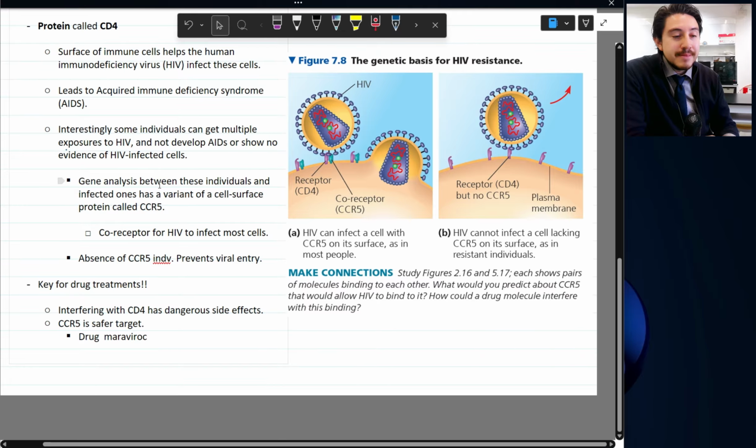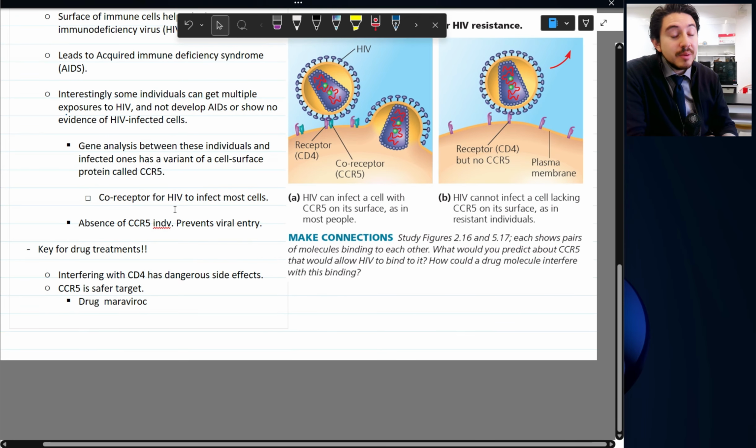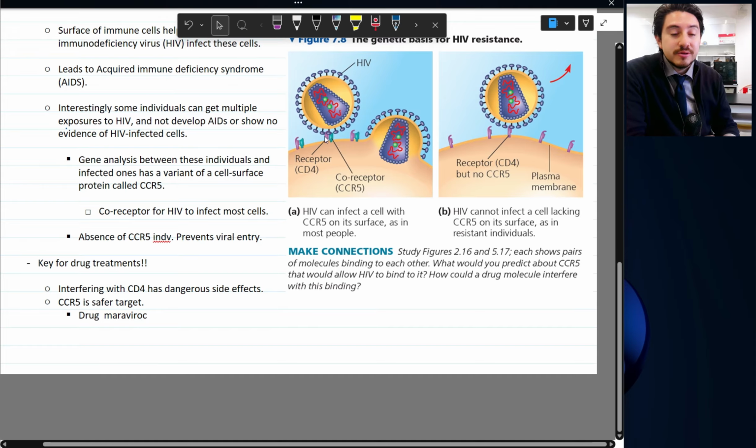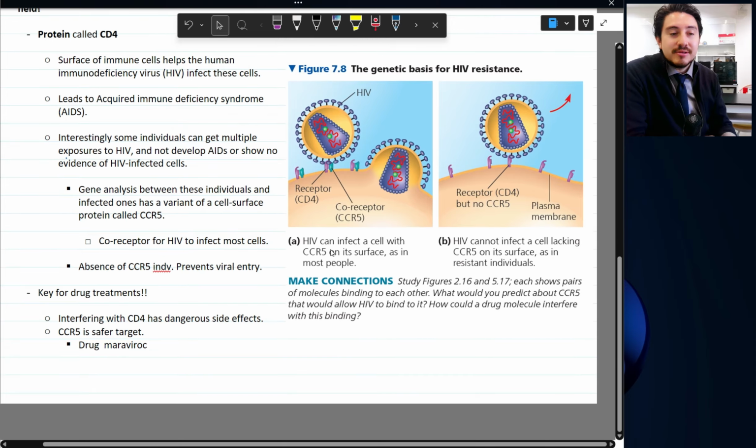Okay, so as you can see here in this little panel, HIV can infect a cell that has CCR5 along with this CD receptor, but HIV cannot infect a cell lacking CCR5 on its surface. So these individuals have a natural resistance, if I can say, to HIV.